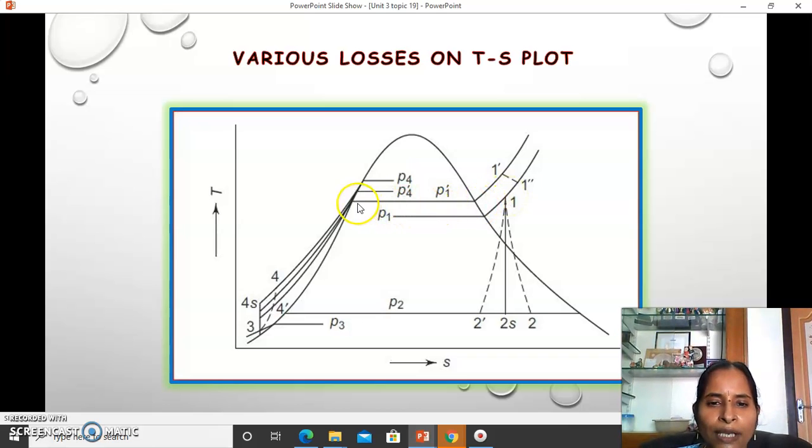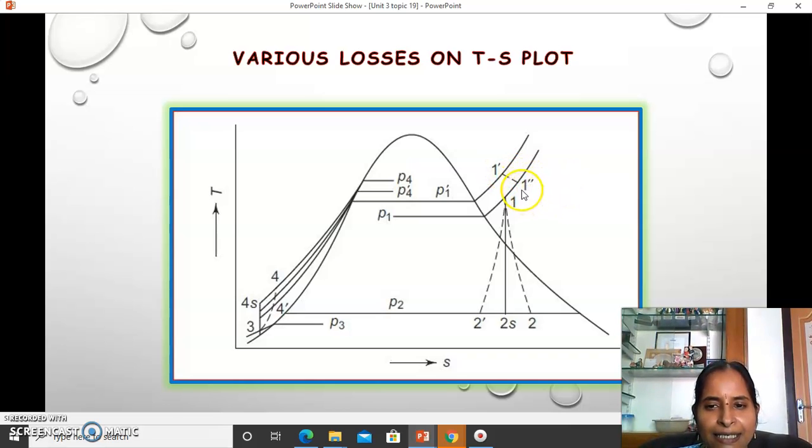Okay, so here this is due to the conversion, that is, while maintaining the pressure during the superheating process, the pressure has been reduced from 1 dash to 1 double dash.